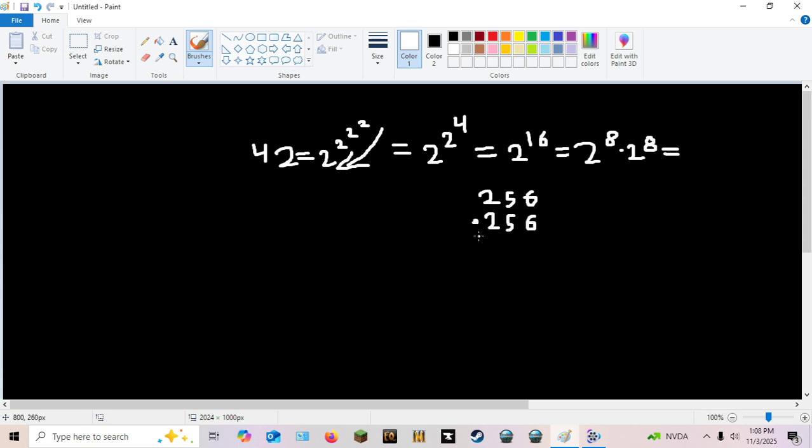I'm going to use a dot for this one. 6 times 6 is 36. 6 times 5 is 30 plus 3, which is 33. Now, 6 times 2 is 12. 12 plus 3 is 15. I'm gonna remove this.